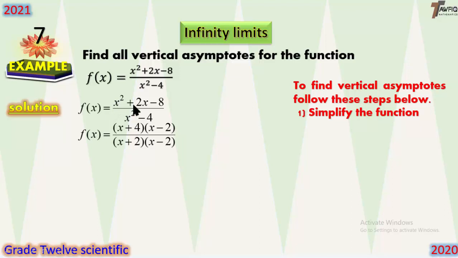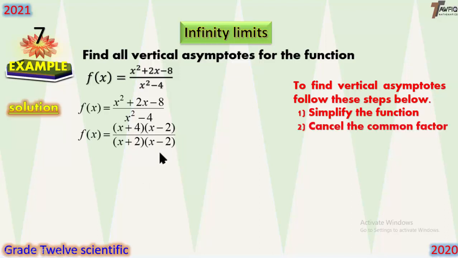Factoring x squared plus 2x minus 8 gives x plus 4 times x minus 2, and factoring x squared minus 4 gives x plus 2 times x minus 2. By cancelling, as you can see here, x minus 2 is a common factor between denominator and numerator.